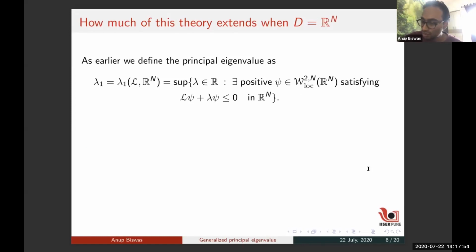Now I would like to understand what happens if I want to extend the domain D. So far we have been dealing with domains that are smooth and bounded, and you can of course relax the assumption of smoothness. In fact, in the work of Berestycki, Nirenberg, and Varadhan, they did it for what they call rough domains.